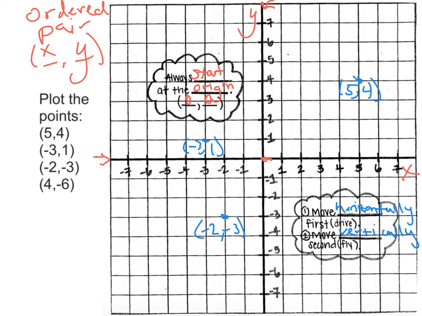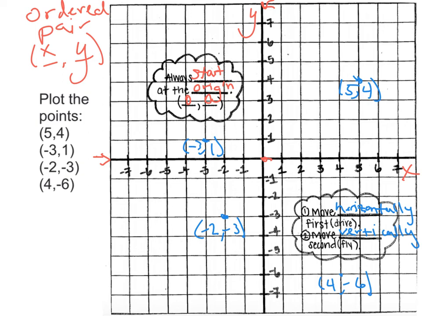And 4, -6 means we're going to go to the right 4, and we're going to go down 6, leaving us right here.